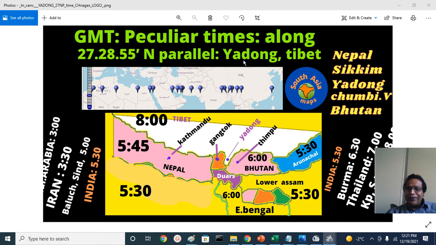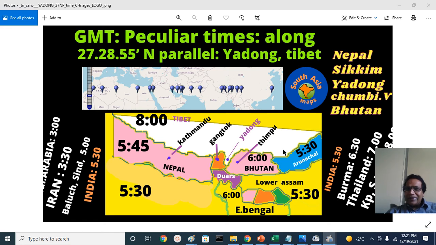And if we hit Yadong in the Chumbi Valley of Tibet, so many times you come across this, due to the policy decisions of the local governments. Within round about 10-20 kilometers, you will see in the Dooars 5:30 hours, Gangtok 5:30, and Nepal 5:45, in Tibet 8 o'clock, in Bhutan 6 o'clock, in Bangladesh 6 o'clock, and as you move ahead on the same 27 parallel, entering Arunachal Pradesh, again it falls to 5:30.